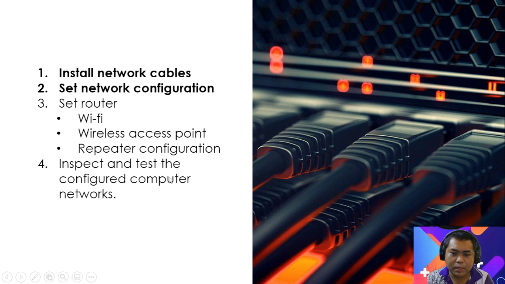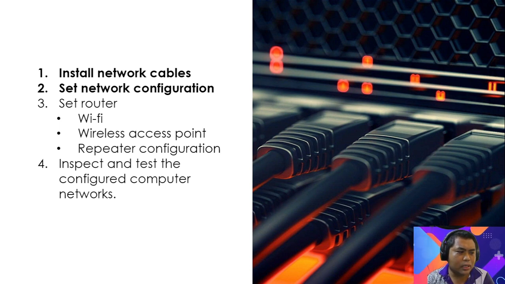Number 4 is inspect and test the configured computer networks. This means we can also troubleshoot our network in case of problems like intermittent connection or any other network problem. Like for example, a LAN cable got disconnected because a student accidentally pulled it, something like that.